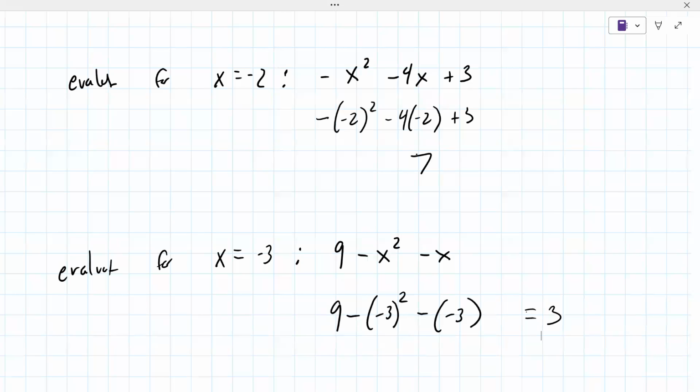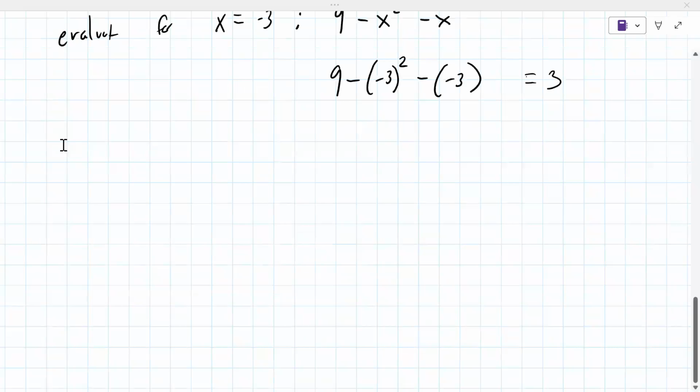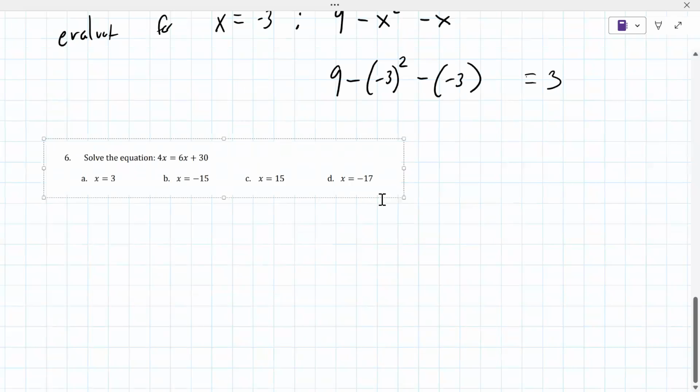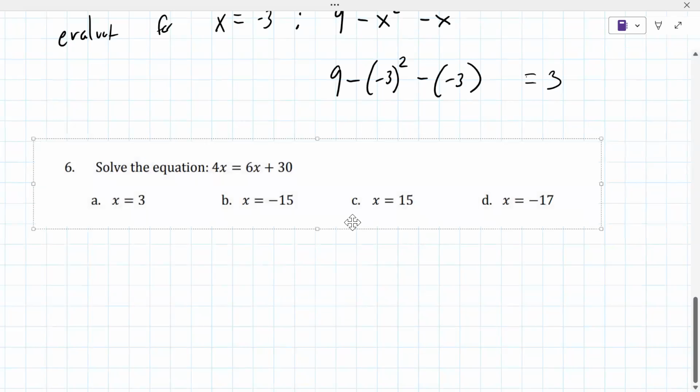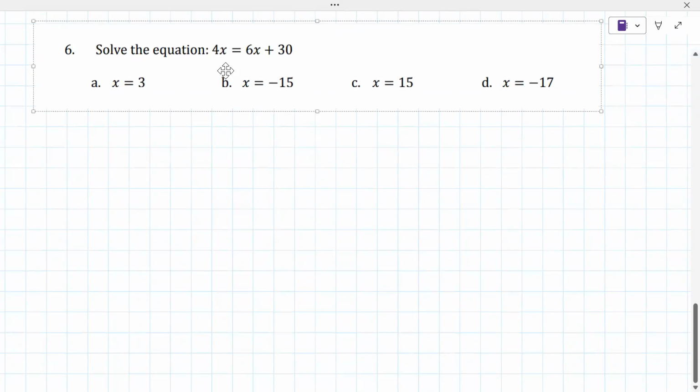Okay, let's transition to solving some equations. So this is unlike the previous problems where you actually can try the answers, and I'm okay with that. If that's the strategy you want to use, you're welcome to put the numbers in and see if that works. You can also directly solve for the variable. It's totally up to you.